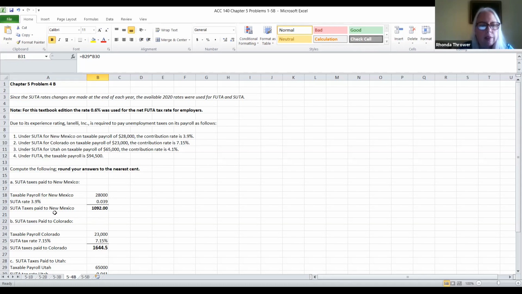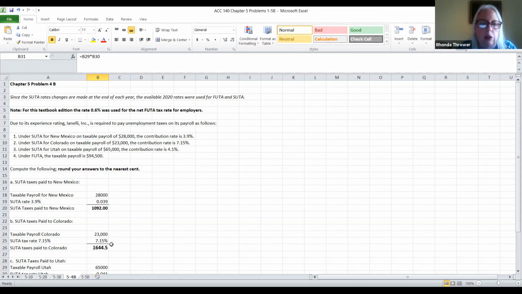That's the SUTA taxes that they paid to the state of New Mexico. But because this company was also located in Colorado, and Colorado has its own SUTA rate, which is 7.15%, and their taxable earnings were $23,000.